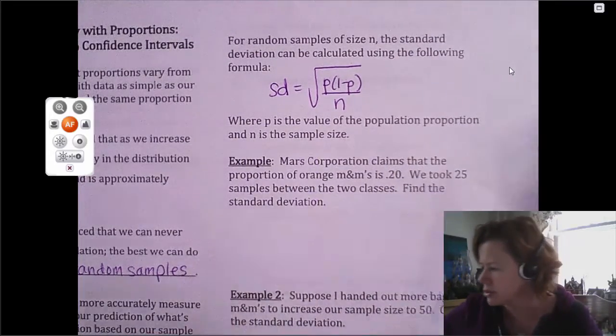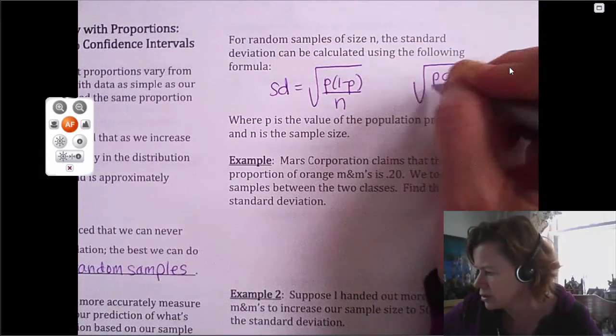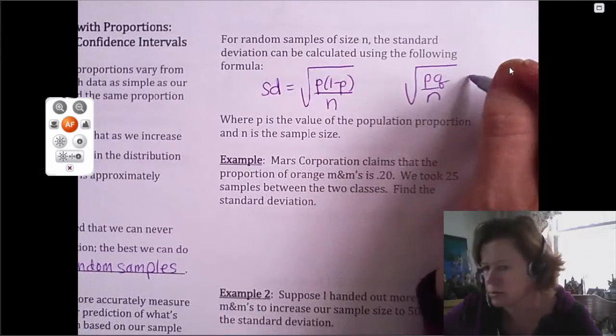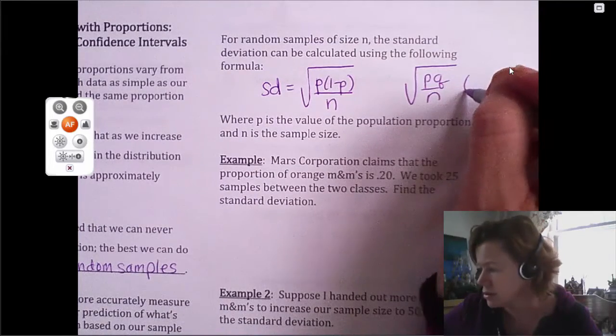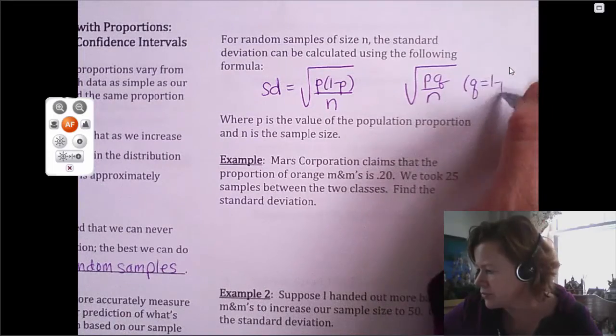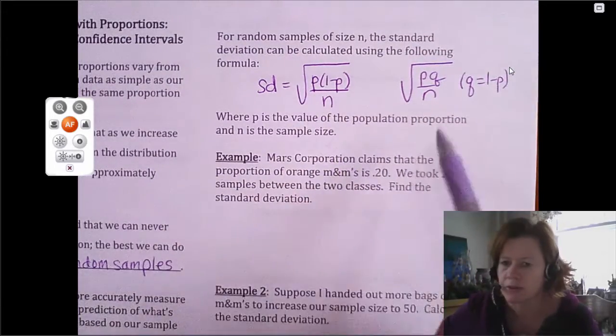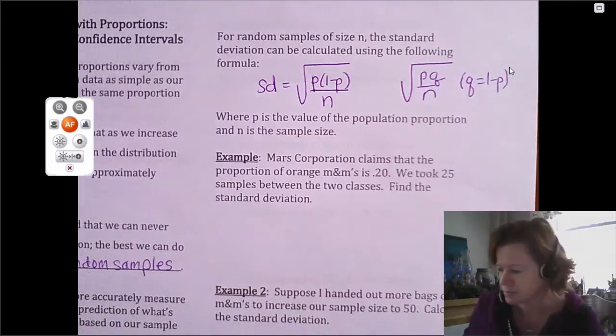Be aware, sometimes you'll see this written as the square root of pq over n, but that's just because as we do more probability and statistics in later courses, q is implied to be 1 minus p. I'll try to remember to always write it this way, but sometimes you'll see me writing q, and that's why.